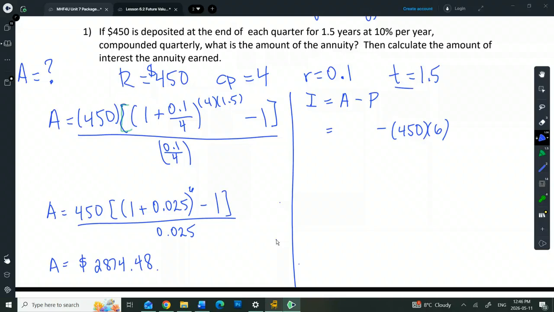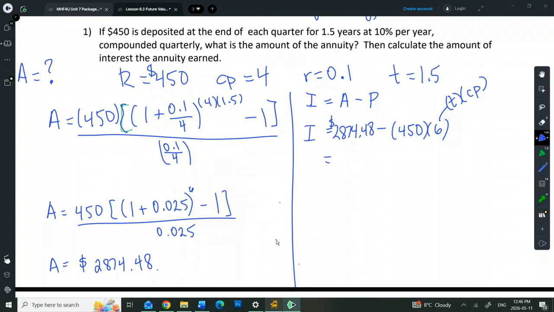And again, you can do that by multiplying the number of years by the number of compounds that you have there. So I'll just put T times C. And then, of course, we know that the total amount of our annuity is what we calculated.